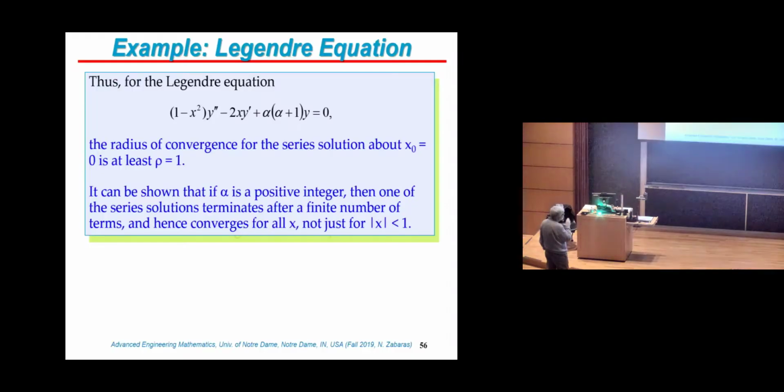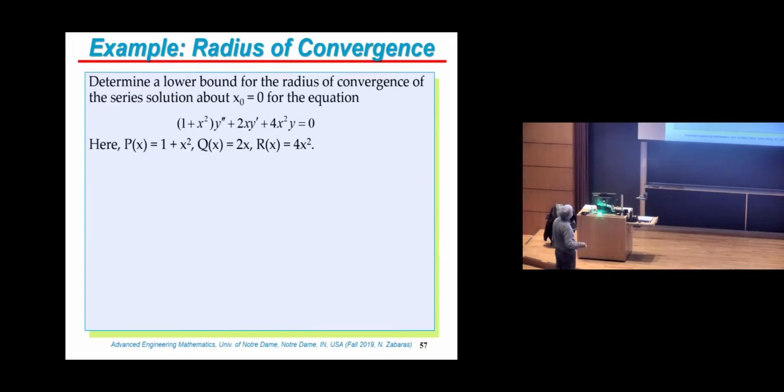One of those solutions terminates at a finite number of terms, so it converges for all x's. So you get two fundamental solutions. One converges for all x's. The other one will converge for x between -1 and 1. Again, it's good to keep saying the minimum radius of convergence. This is what the criteria are actually giving.